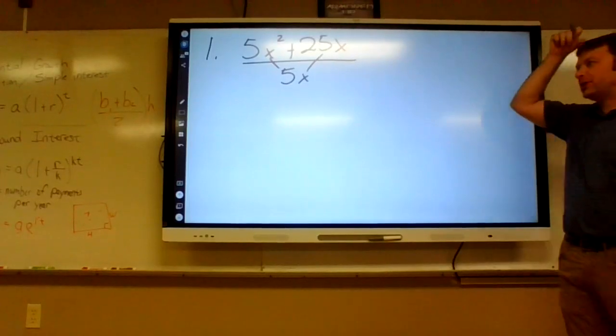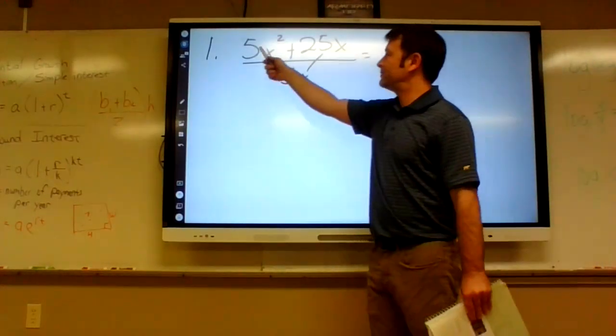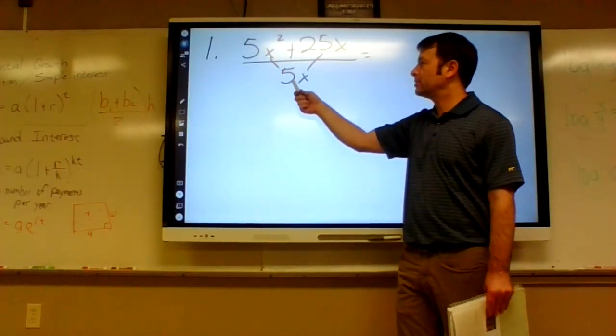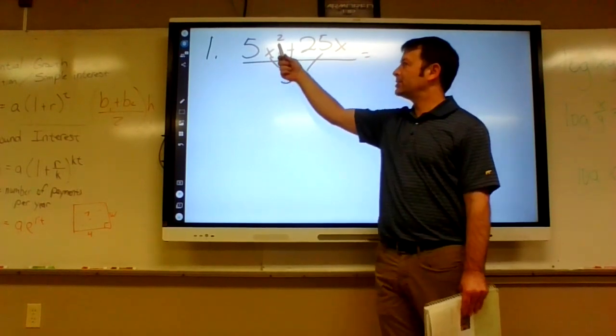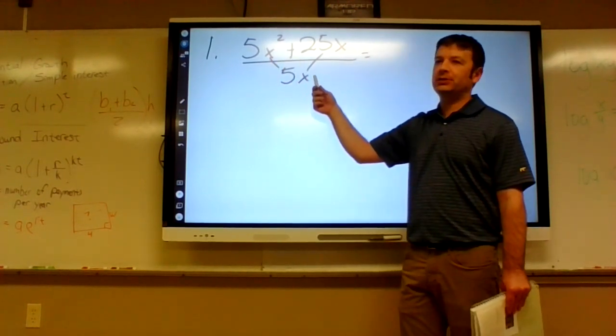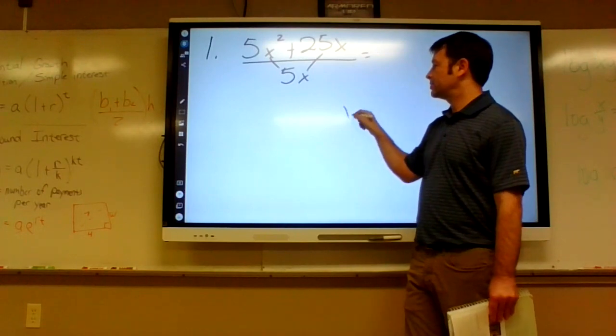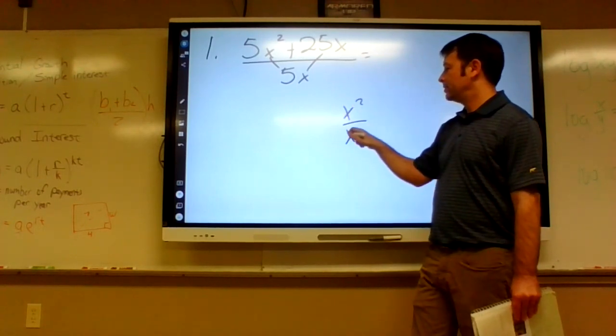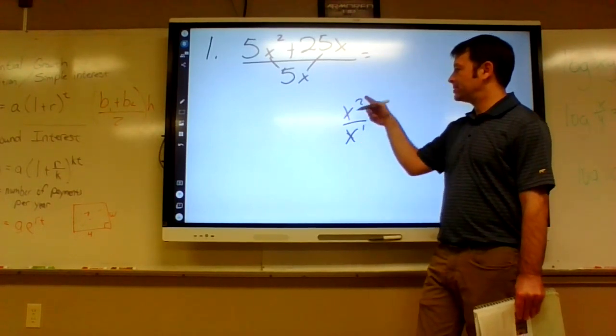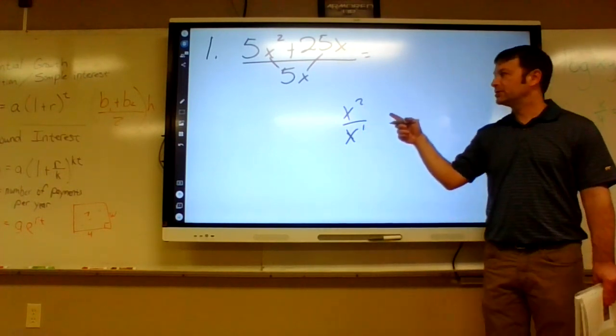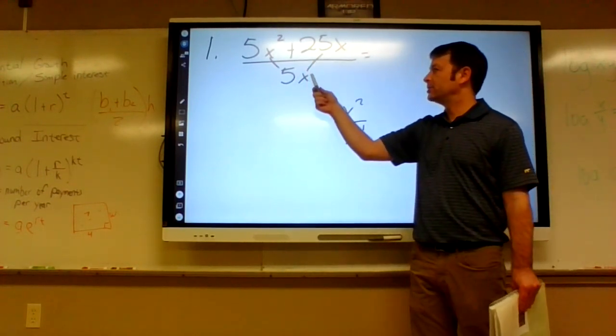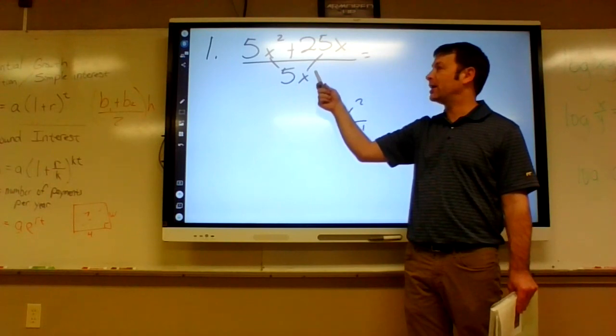Alright, so here we go. What is 5 divided by 5? 1. And what's x squared divided by x? X. Remember when you're dividing the same base, you basically subtract the exponents, right? So it's 2 minus 1 is 1. X to the 1, or just x.